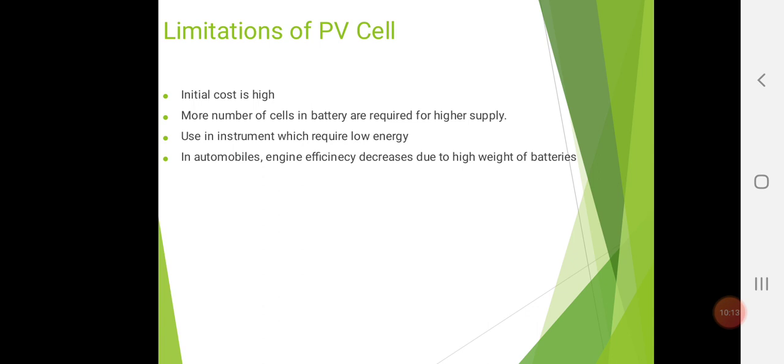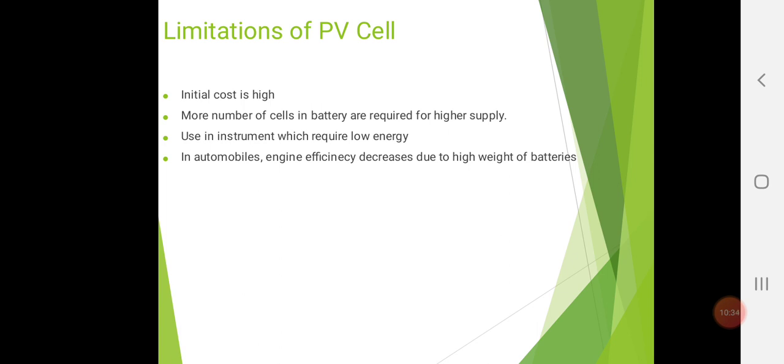Now, what are the limitations of PV cells? Initial cost is high. More cells in the battery are required for higher supply. Definitely, a small cell will give small energy, so if you need a higher supply of energy, you have to increase the number of cells.